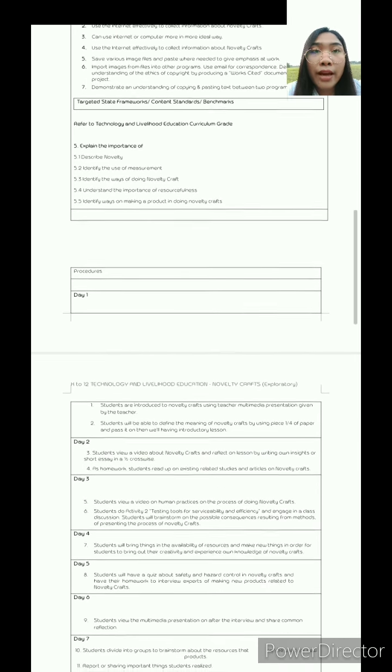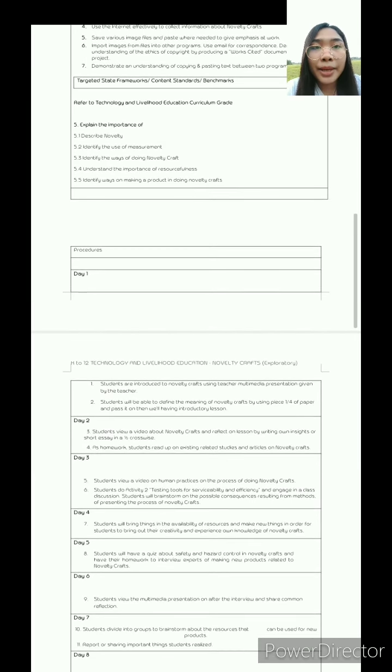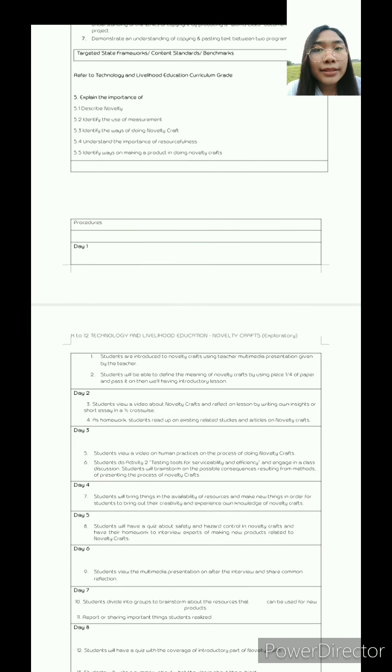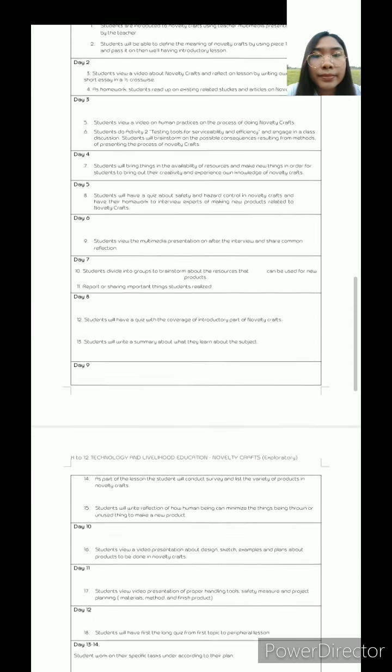Next, we have the procedures of the day-to-day plan, how we as teachers will go through giving a task, discussion, assessment, and evaluation.